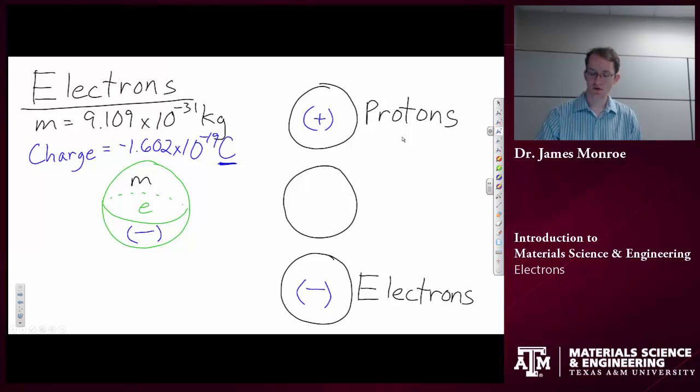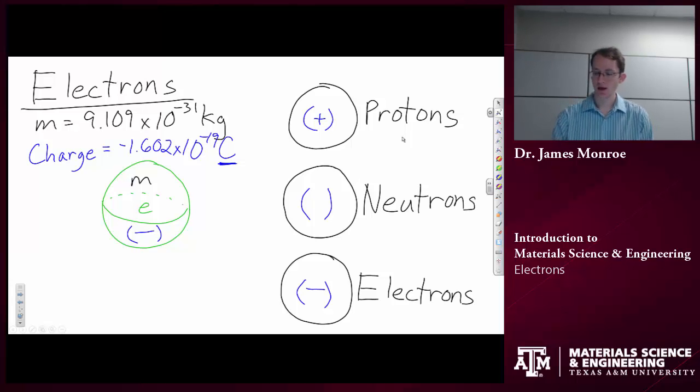And we have neutrally charged particles, no charge at all, and these are called neutrons. Protons and neutrons, of course, make up the nucleus of the atom. But how does an electron view a proton? How does an electron interact with and view a neutron?